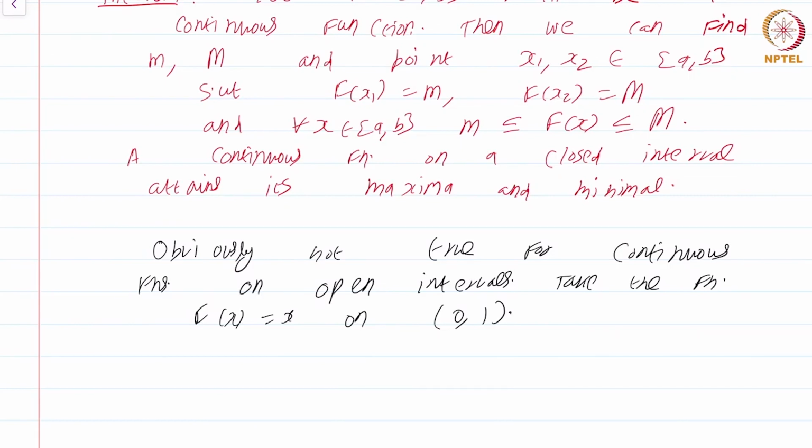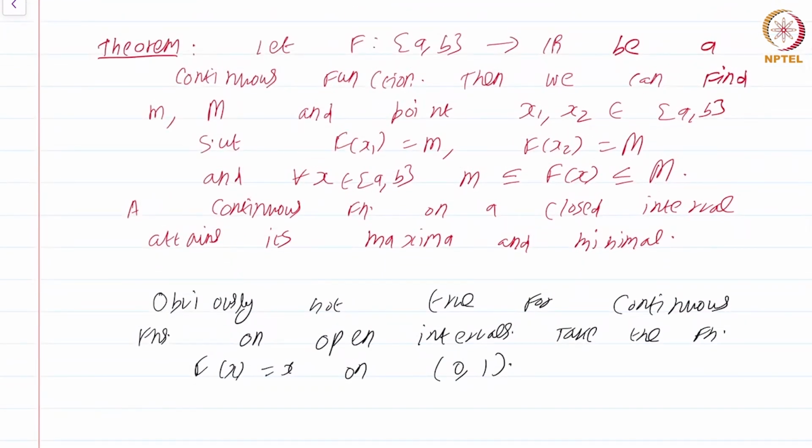Now one can prove this theorem quite easily without using anything from topology. You can prove it, but the key fact is this: the closed set [a, b] is compact, and that is what plays the crucial role in making this theorem true.